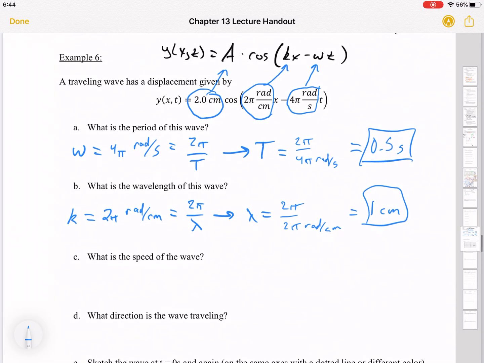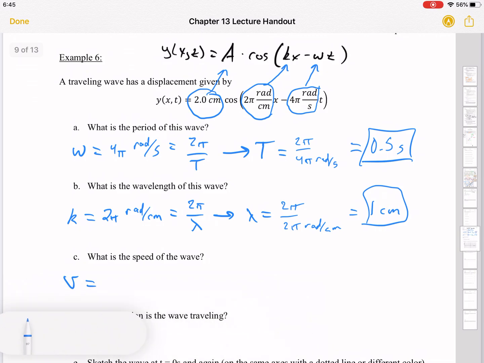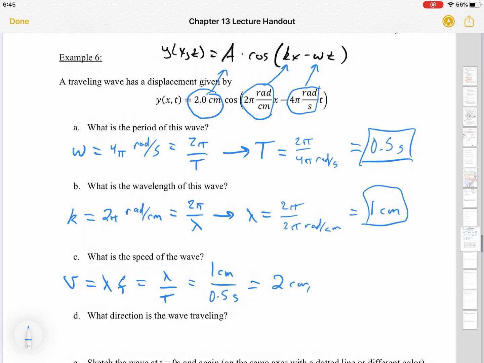Wave speed. How do we get wave speed? Well, we had a couple equations for this. We said wave speed is lambda times a frequency. It's also lambda divided by a period, and we have those two numbers. We just found those two numbers. So lambda is 1 centimeter, and the period is half of a second, so this must be 2 centimeters per second.